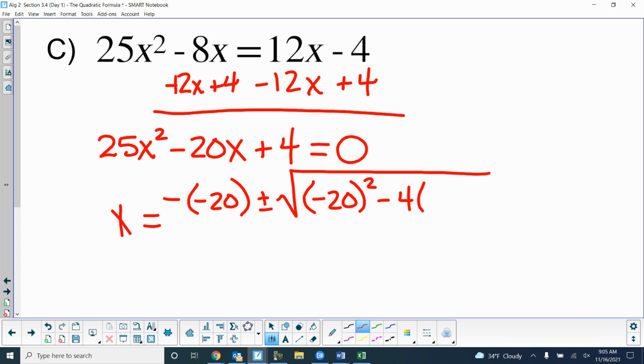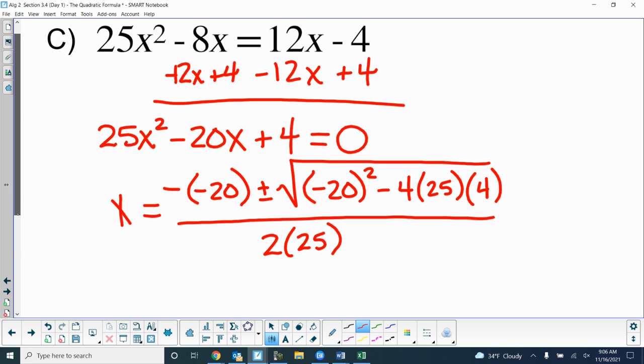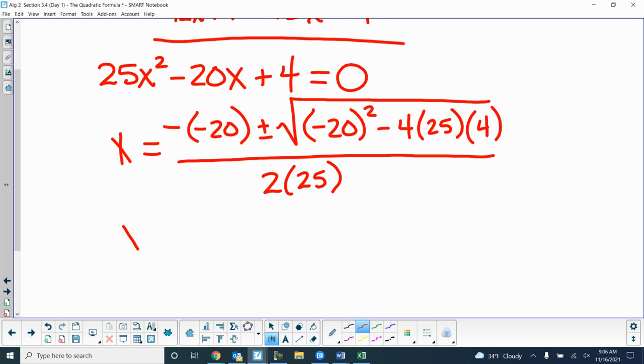That's always a positive. All right, A is 25, C is 4, over 2 times A, like that. Okay, so what happens with our negative B part? It becomes positive 20, right? Because it's two negatives.